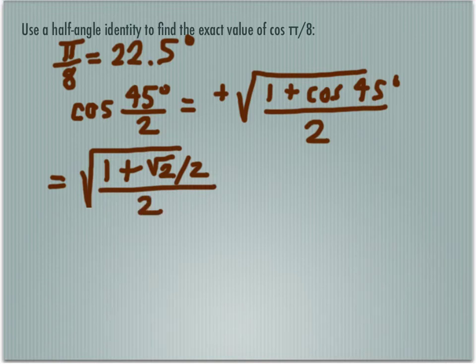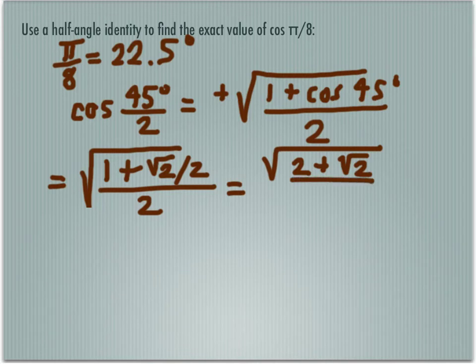Now, that's pretty much a good answer, but how do I simplify this? Well, I don't like all those square root signs, and especially I don't like the square roots in the denominator. And so I could really write this something like 2 plus the square root of 2 over 2.